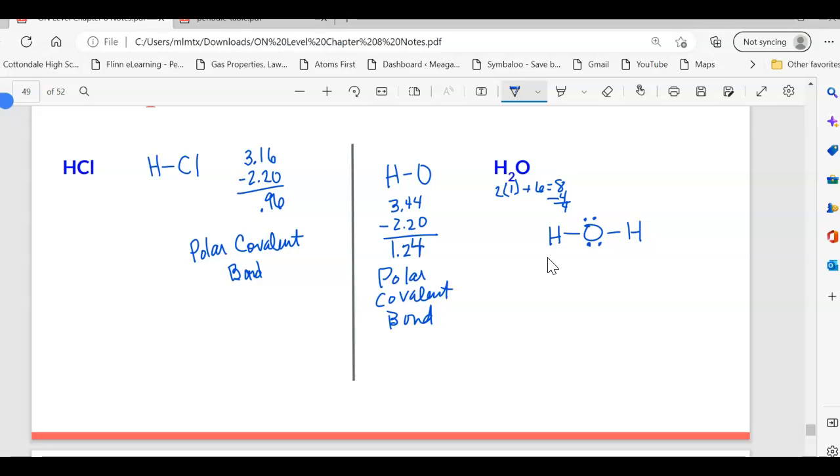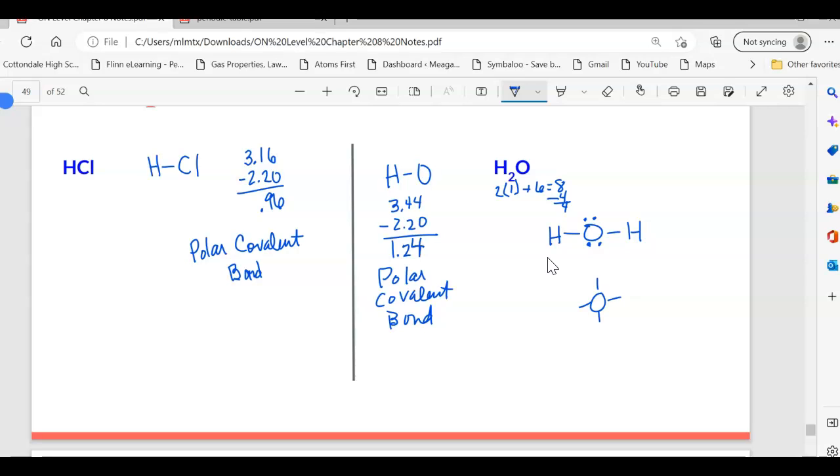The way we look at a polar molecule is we look around the central atom. When I look around the central atom, I see a bond, a lone pair, a bond, a lone pair. What I'm looking for is to see if everything is exactly the same around that central atom. For example, if we had oxygen with 4 bonds around it, and everything was bonded to the same thing.